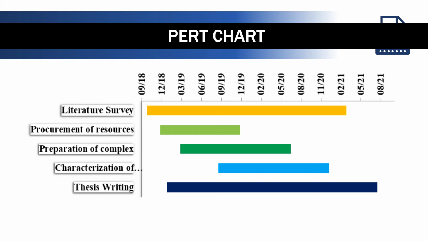And as you can see, the procurement of the chemicals took 6 months, and then formulation development and analysis took 2 years, and the rest of the time is for thesis writing. Likewise, you can distribute the duration of your entire research as per the justified time required to carry out the different tasks.